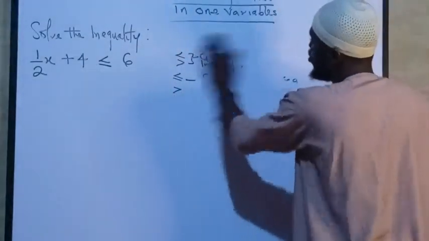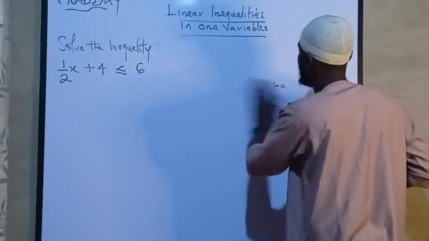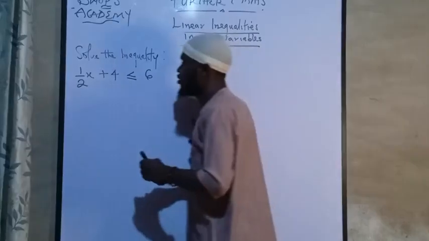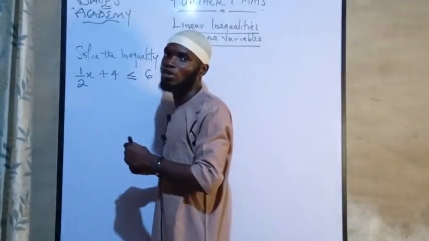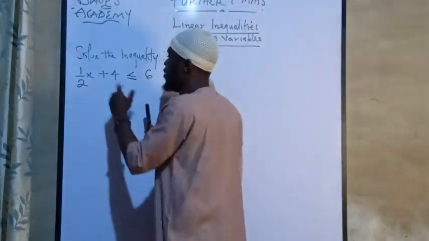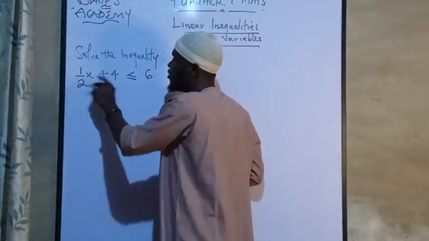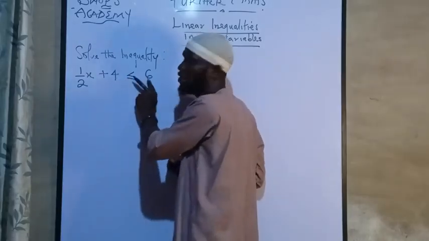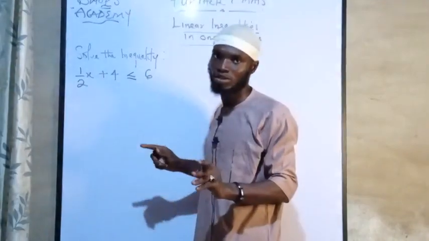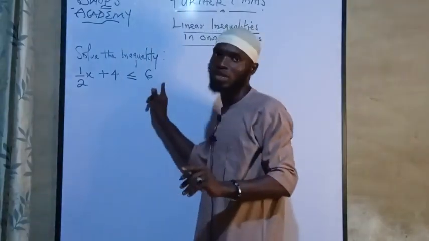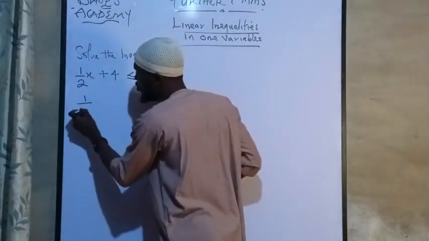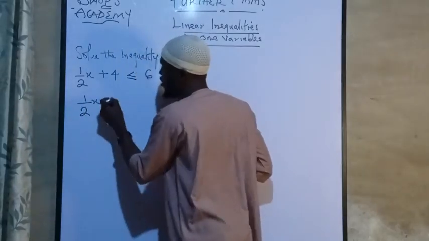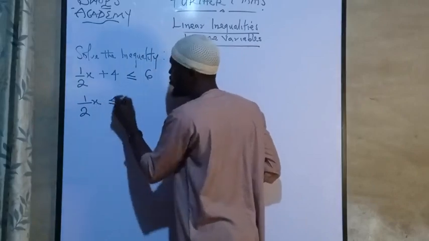So the next thing I'll do now is that we will firstly find the value of x. How do we find the value of x? What are we having here? This is a number, this is a number. We collect the like terms. That means this will come to the other side here. And we are going to be left with 1 over 2x less or equals to 6.